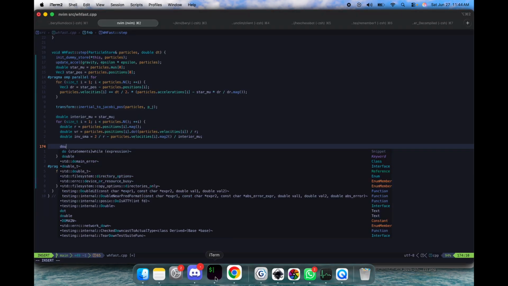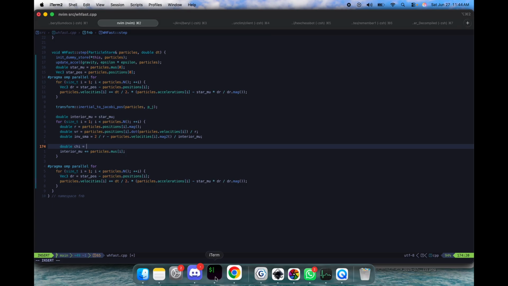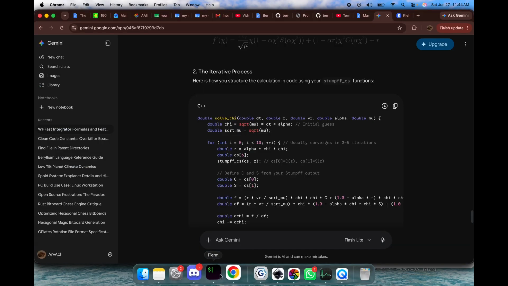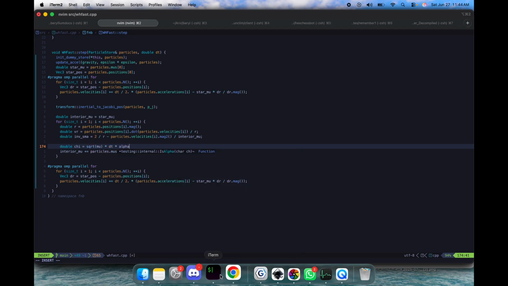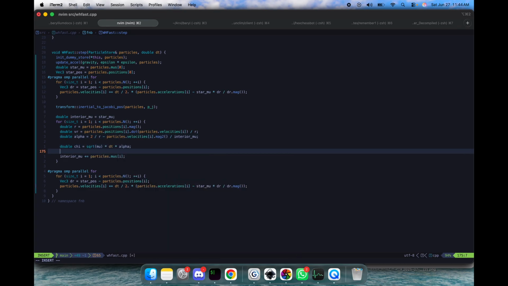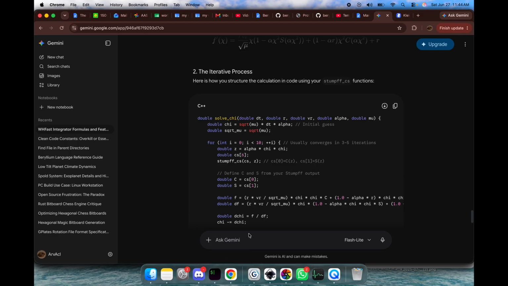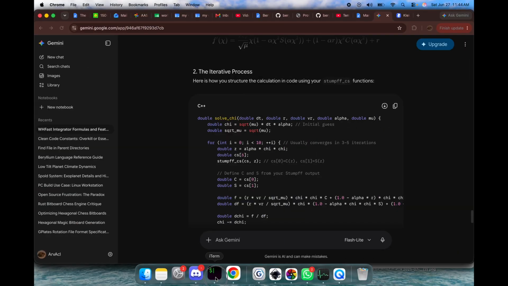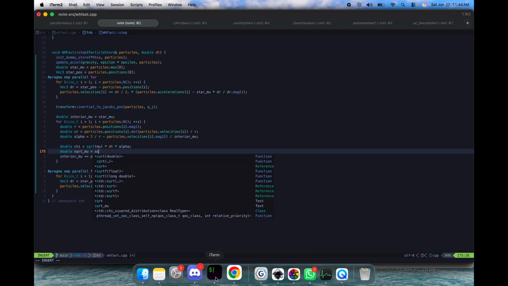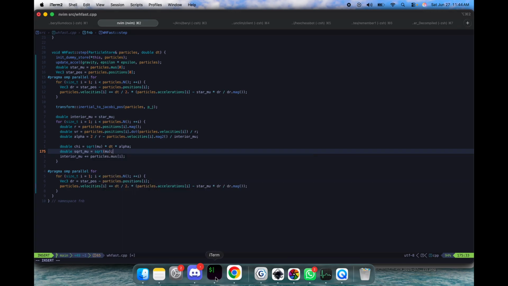Double chi equals square root of mu times dt times alpha. It's better to call this alpha. Double square root mu should equal square root mu.